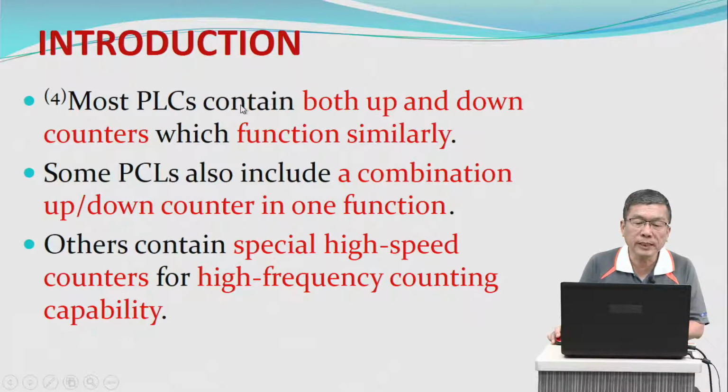Most PLCs contain both up and down counters, which function similarly. Some PLCs also include a combination up and down counter in one function. Others contain special high-speed counters for high-frequency counting capabilities.